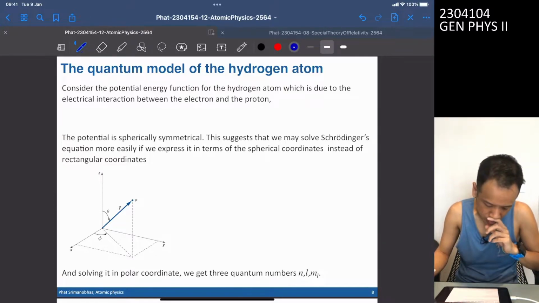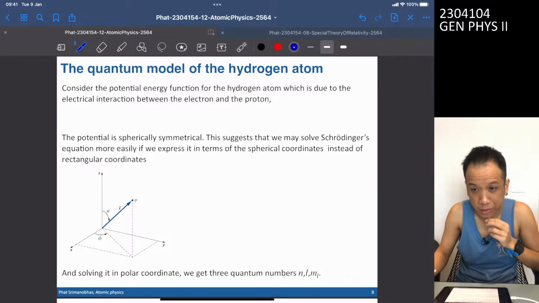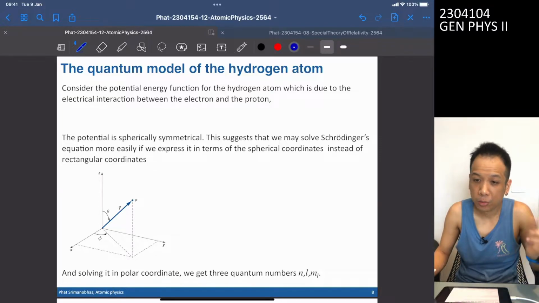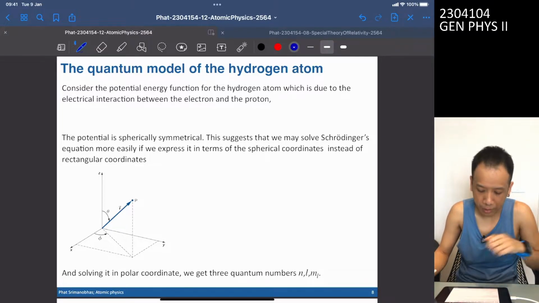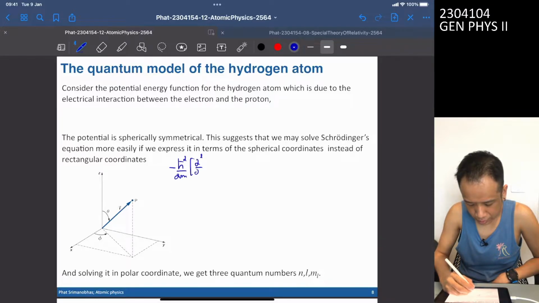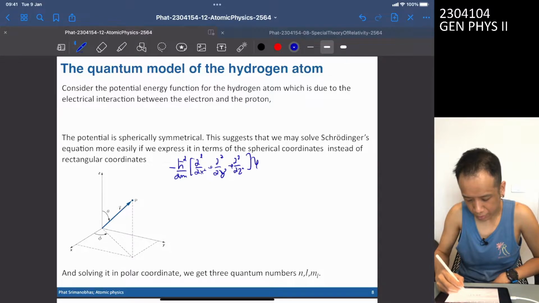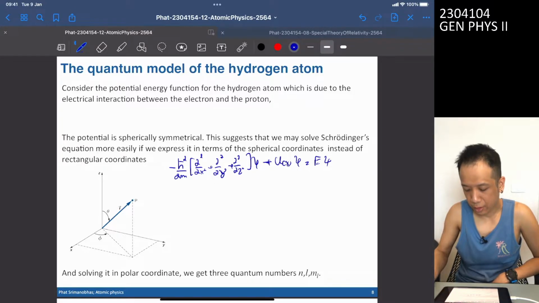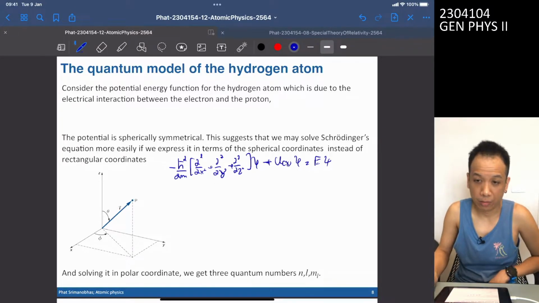This is the same for the hydrogen atom, but first we need to put in the potential energy. In the Schrödinger equation, you can have an equation like this, but now it's three-dimensional: the wave function plus potential energy equals the energy times the wave function.